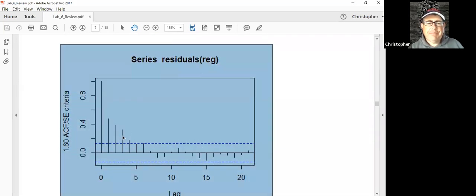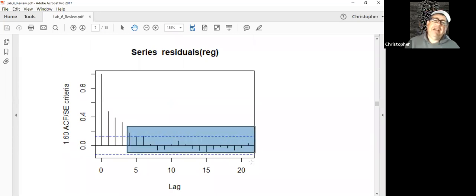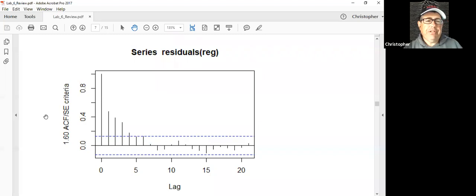Then we can see for those subsequent lags, these here, we've got one that looks a little problematic, that fourth one, but we'll have to see what happens after we start to make some adjustments. Remember, once we've violated these assumptions, we go in and we do this process where we add autocorrelative terms until we can reduce these residual autocorrelations down to a point where we're meeting or at least approaching the assumption.